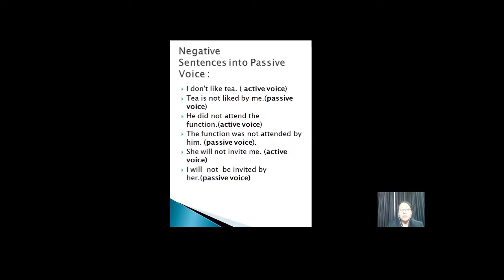So do or does is omitted, and in its place we use is, am, or are according to the object. If the object is singular, then is. If the object is plural, then are. I don't like tea. Tea is not liked by me.